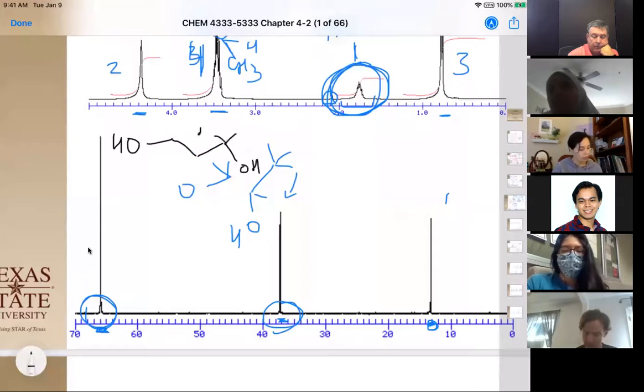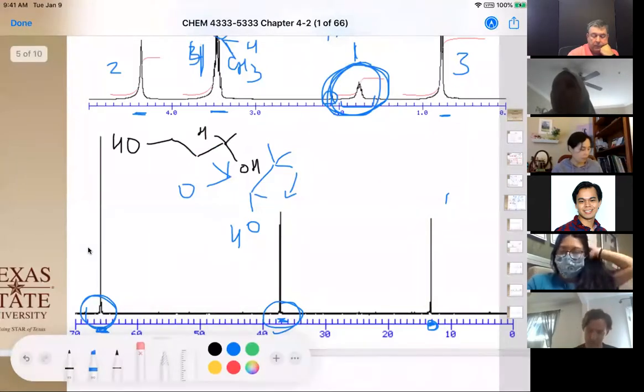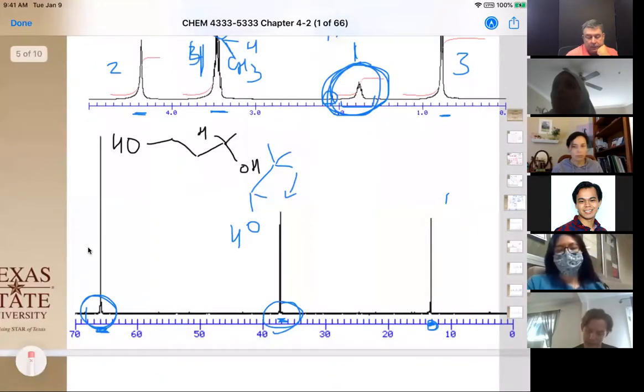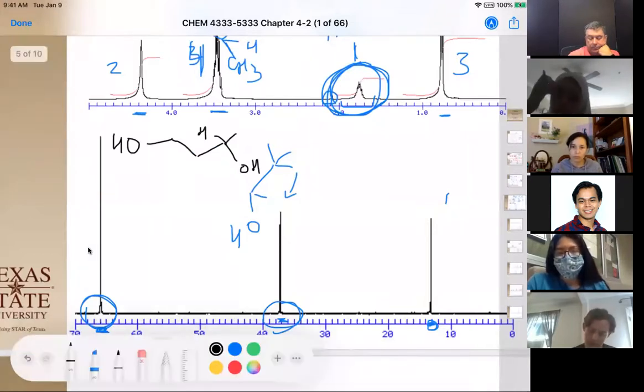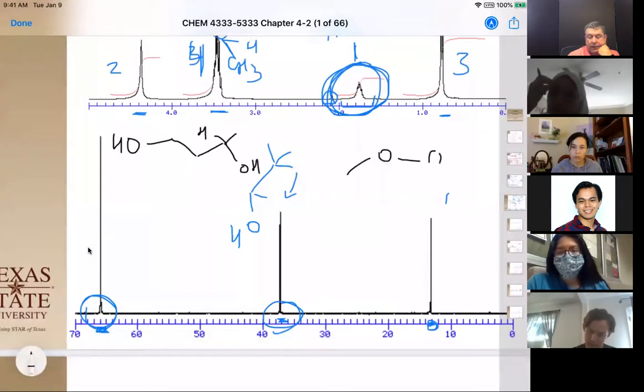OH, H, because we don't have a ring. And this is 2 and this is 4, so we don't have like a methoxy group. So we don't have like an ether with just a methyl group on it, because we don't have the right splitting.